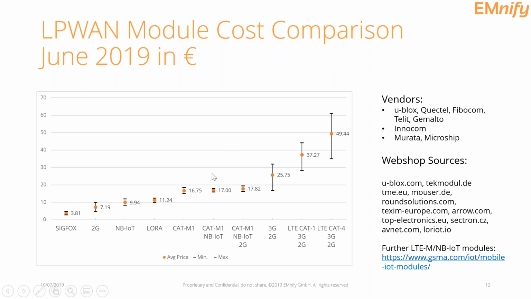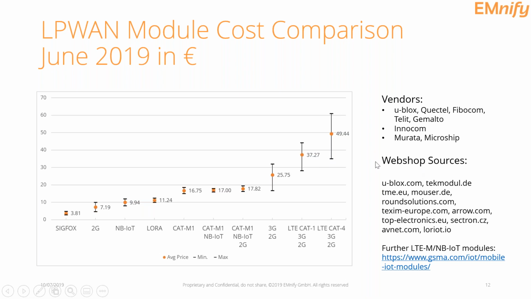Comparing this to the traditional modules, a 2G, 3G module would be around 25 euros, just for the RF module. And an LTE Cat1 module that usually has a fallback to 2G and 3G is on average 37 euros, although there are cheaper solutions available that go close to the 2G, 3G price.